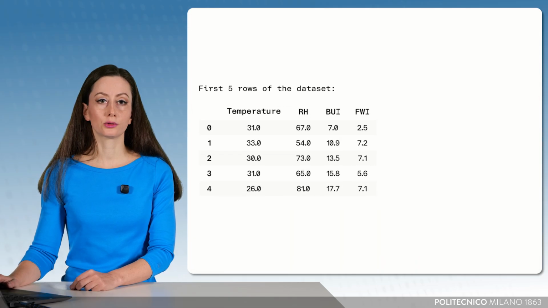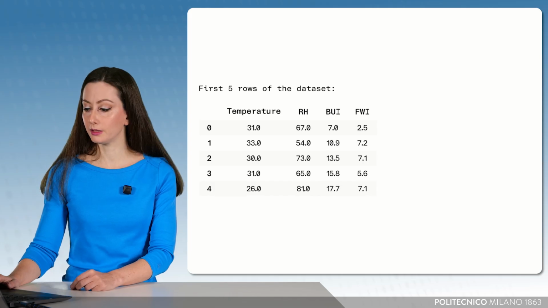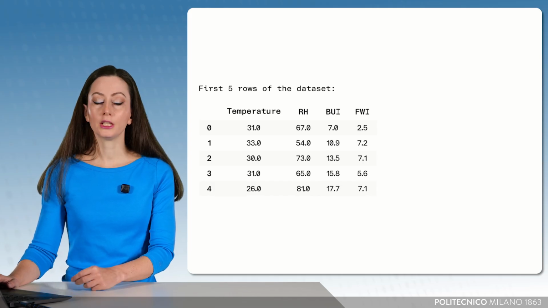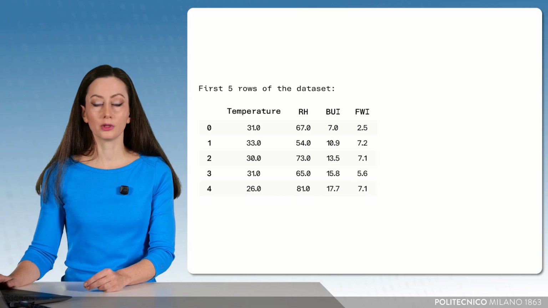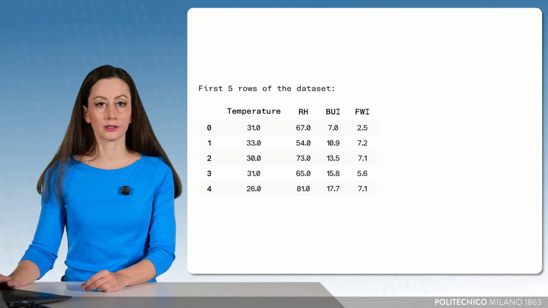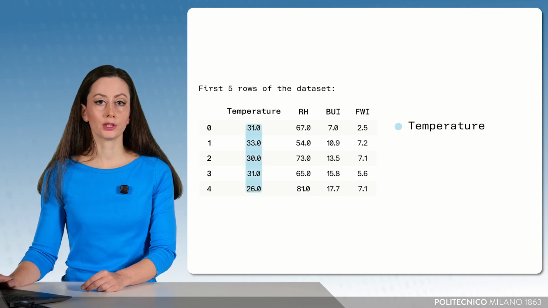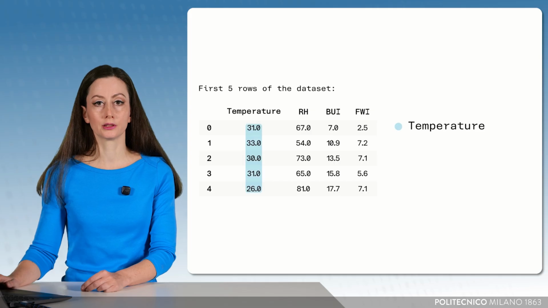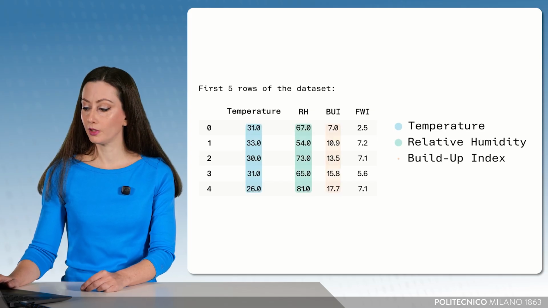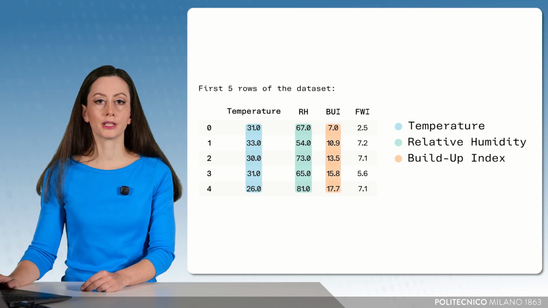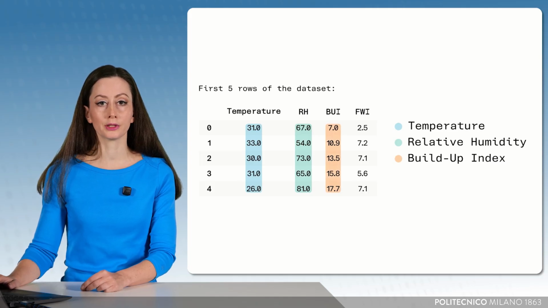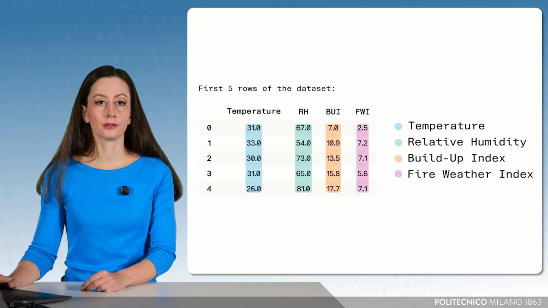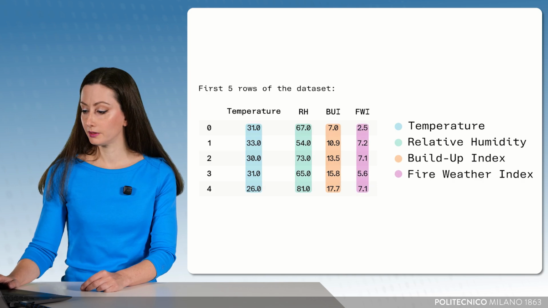In this table, each row corresponds to a single fire event, while each column corresponds to a variable associated with this specific event. The temperature, expressed in Celsius degrees, the relative humidity, expressed as a percentage, the build-up index, which represents the total amount of combustible material present in the environment, and the fire weather index, which evaluates the overall risk of fire events.